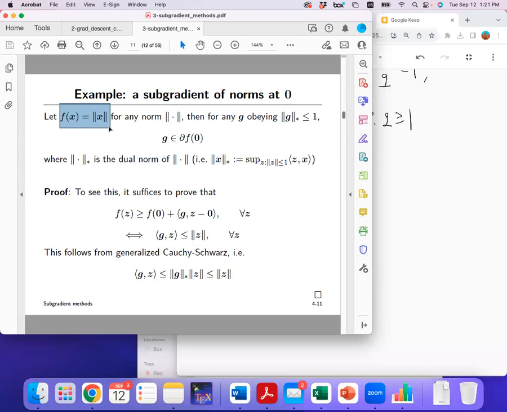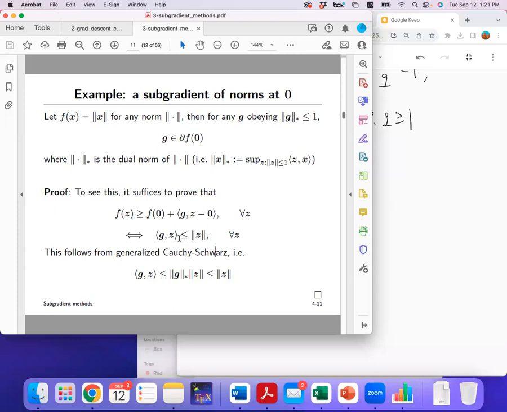Why? Because if you follow the definition of subgradient, to calculate a subgradient G, we need to find a G such that for all Z, this inequality holds.